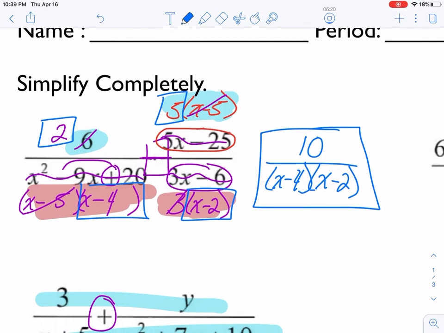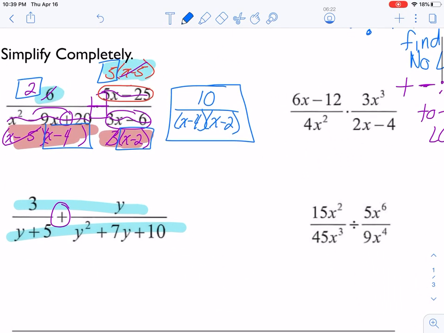So again, that's multiplying. Real quick, not going to solve it, but I want to remind you on this one right down here. So I put a box around that division. So the 15x squared over 45x to the third divided by 5x to the sixth over 9x to the fourth. Remember, with division, you're going to keep your first fraction the same.